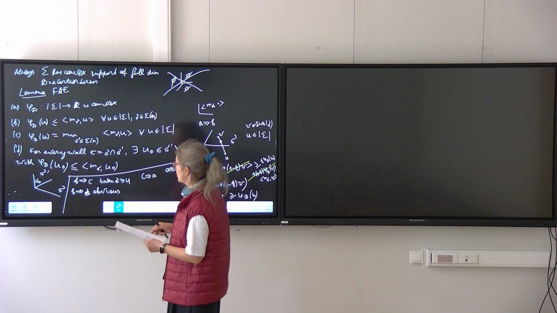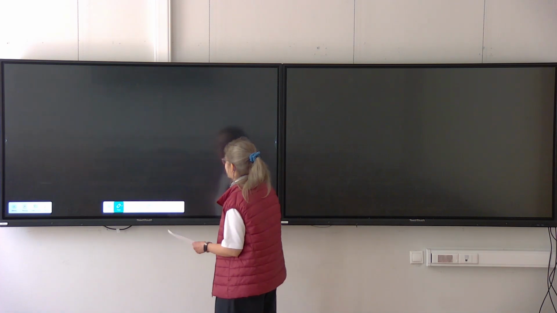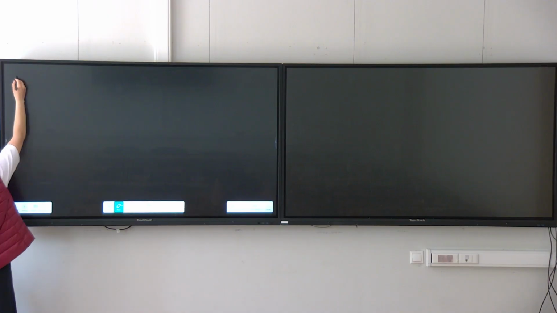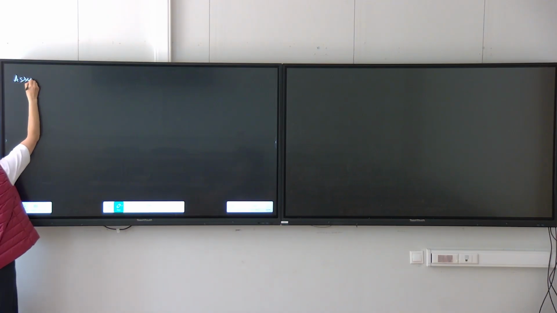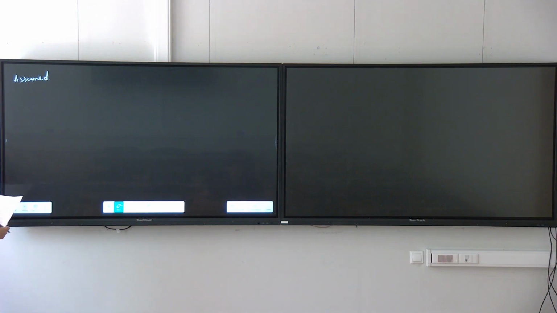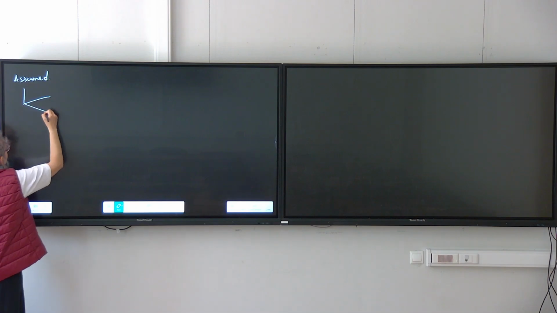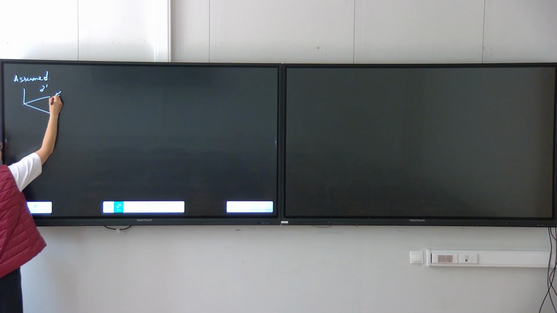Okay. I think I should add a page. What if we have only D? So assume now D. So we have tau, we have sigma prime, sigma, and we have tau. And let us fix them.